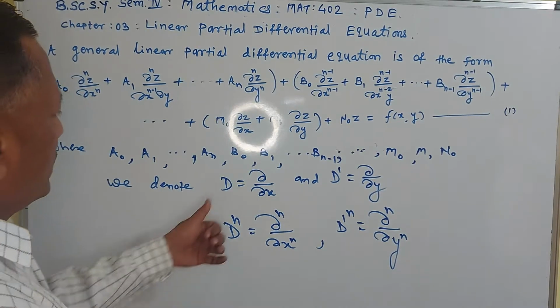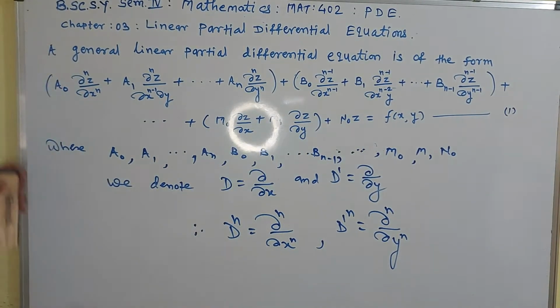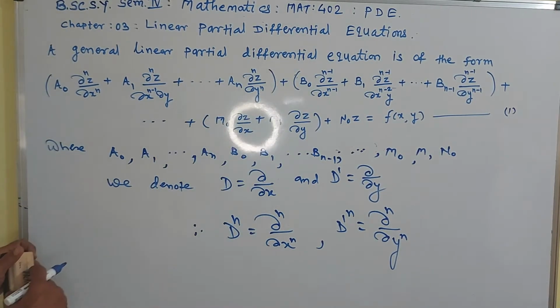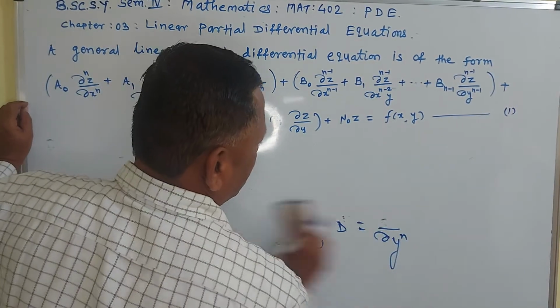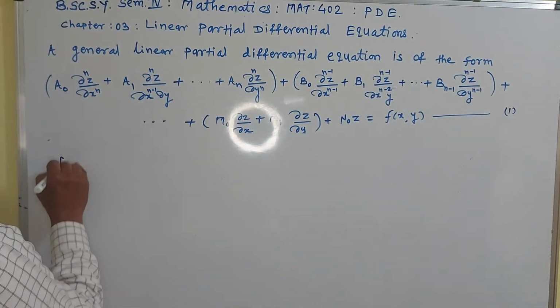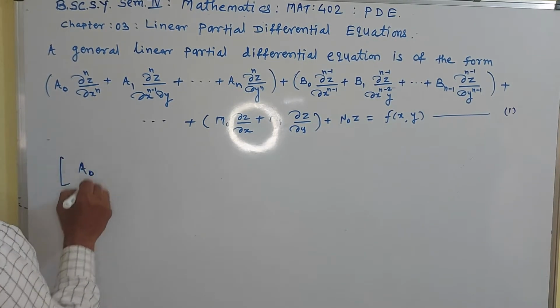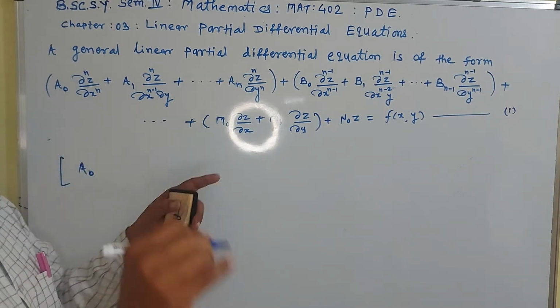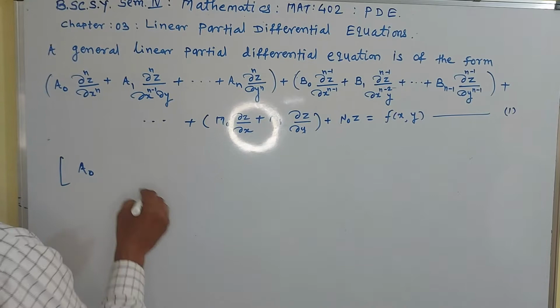Now if you use these symbols in equation 1, so what we get? Then equation 1 can be written as a0 into D, where D is equal to ∂ by ∂x.